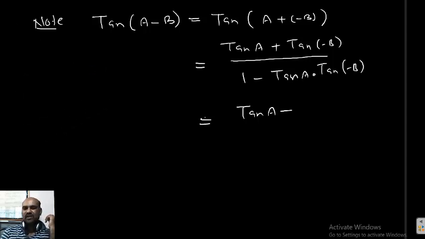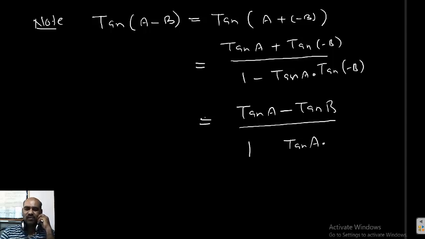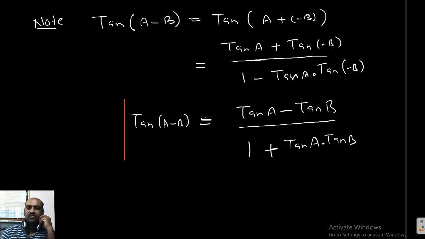That minus I will write here, minus tan B, by 1, tan A as it is here, students, tan A as it is, tan of minus B is minus tan B, that minus with this minus you will get here plus tan B. So this is the formula of tan of A minus B. Tan of A minus B formula also completed for us.